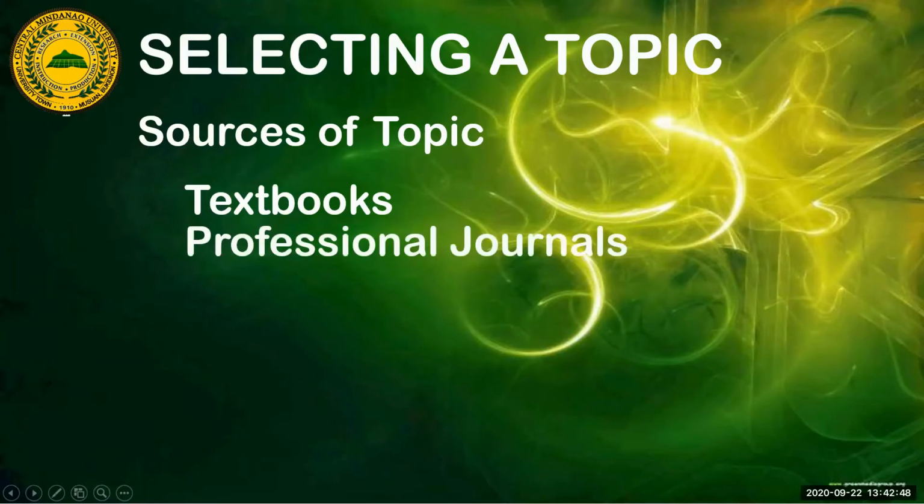Say for example, if you are major in mathematics, math education, so you research on mathematics education journals. If you are a PhD student or an MS student in math education, then you can also look into similar journals.